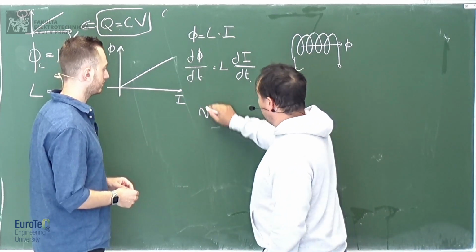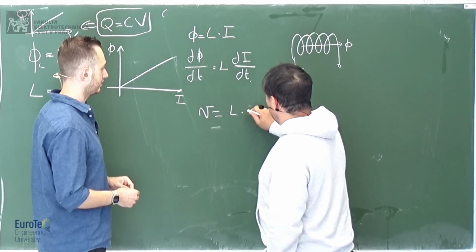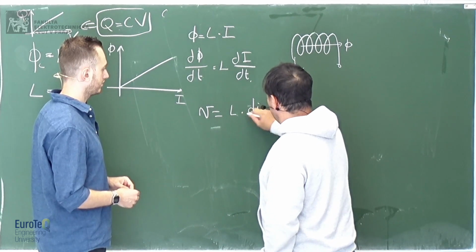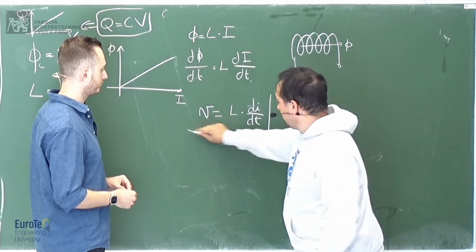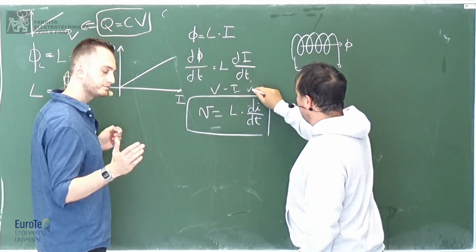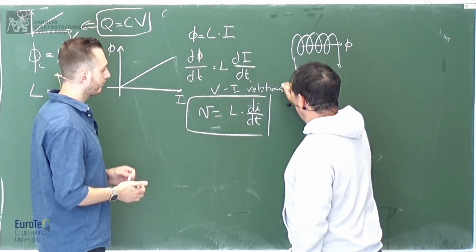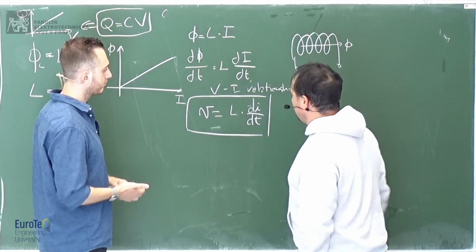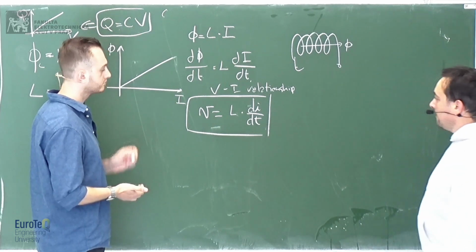So V, voltage, is equal to L di in dt. So this is going to be our voltage-current relationship for the inductor. So this goes to our bank of equations that we have.